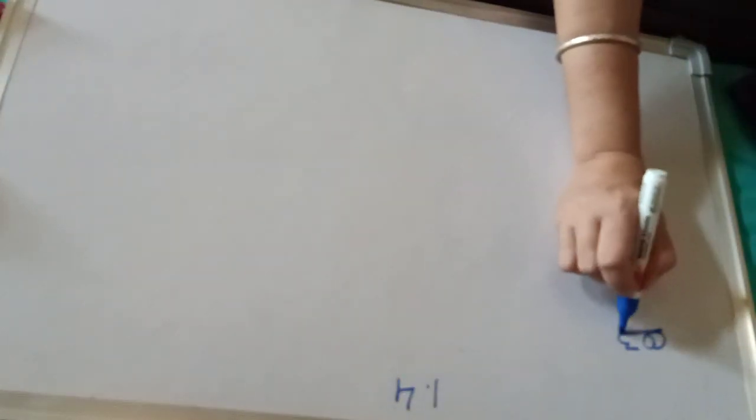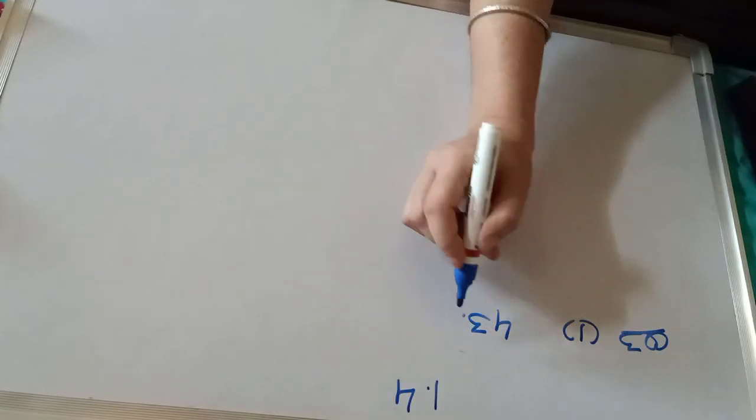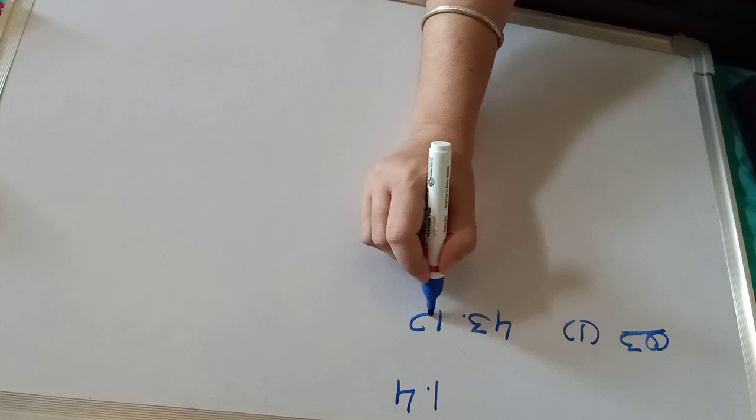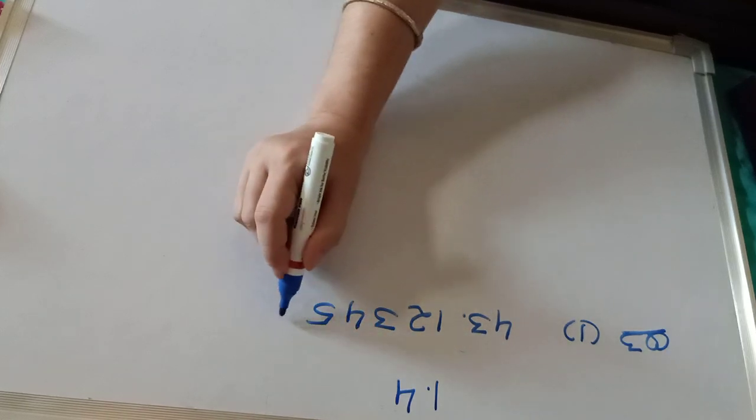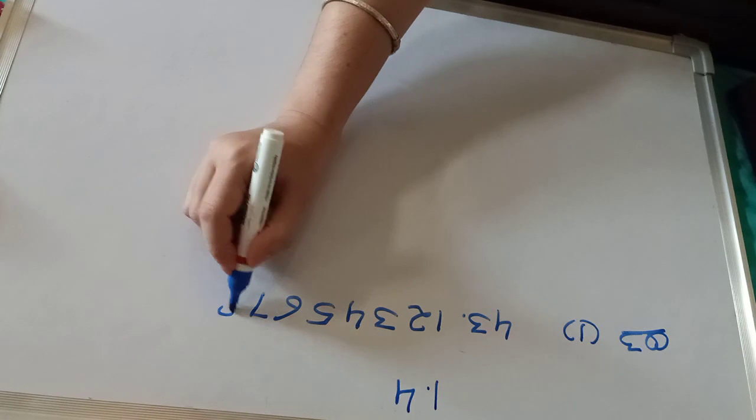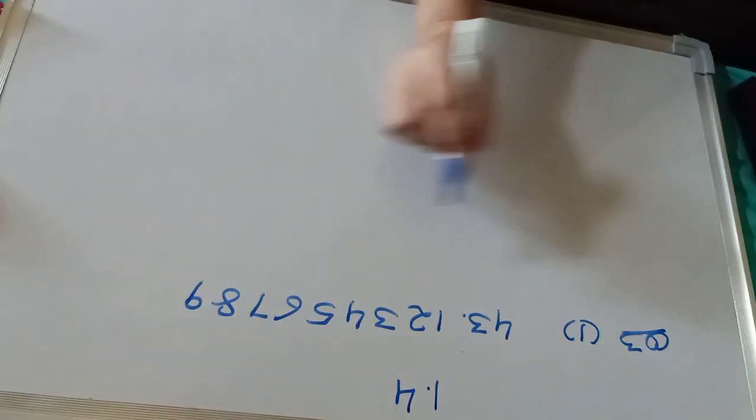In the third question, they have given you the decimal expansion. You have to tell about its denominator. Your question is, first part is, you are given with 43.123456789.